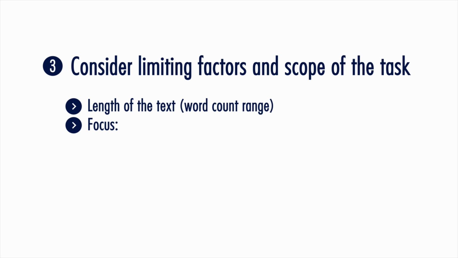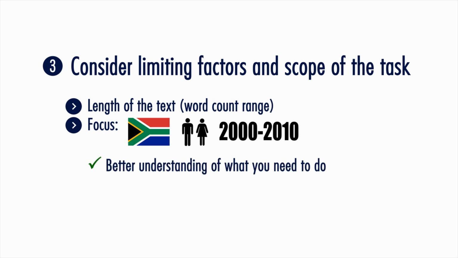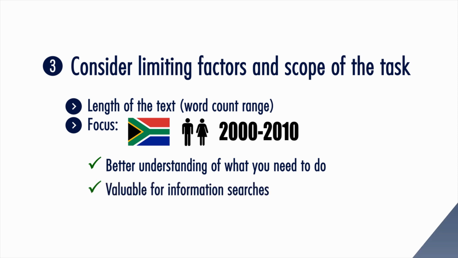The focus of the task might also be limiting, for example, exploring a topic in the South African context, or writing about a specific gender, or investigating a certain time period, for example, 2000 to 2010. Taking note of these limiting factors will enable you to gain a better understanding of the text you are about to produce. Knowing limiting factors is also valuable for information searches.